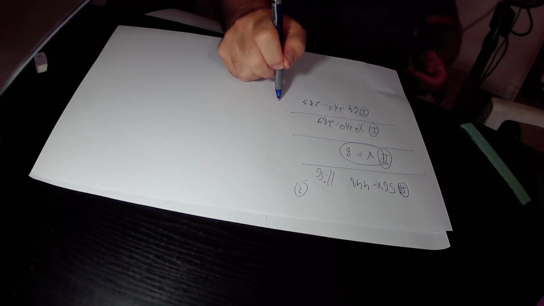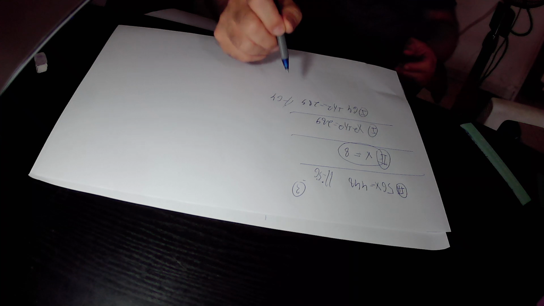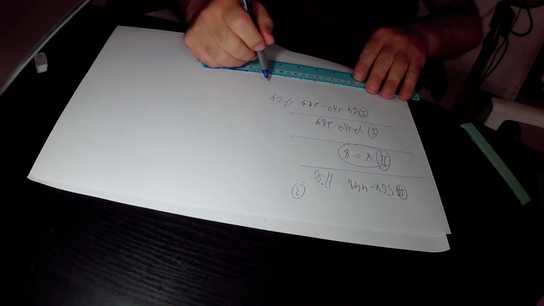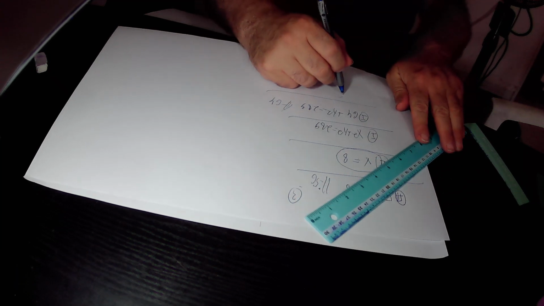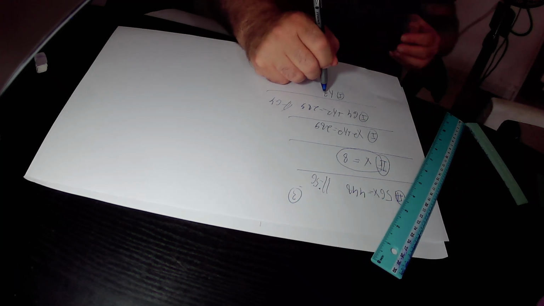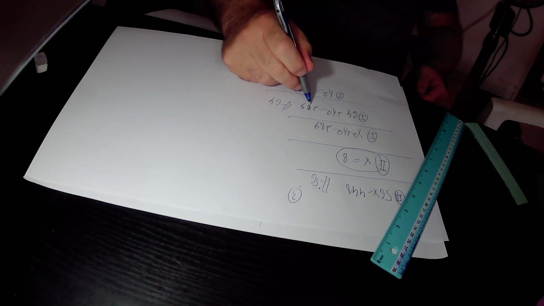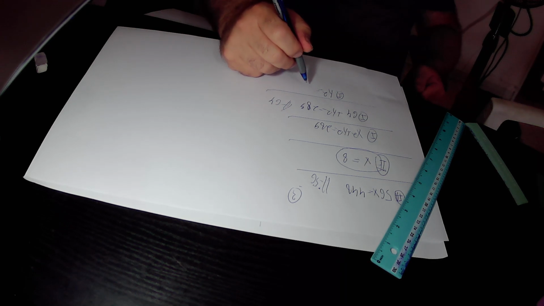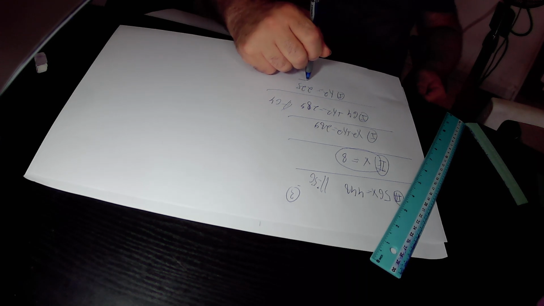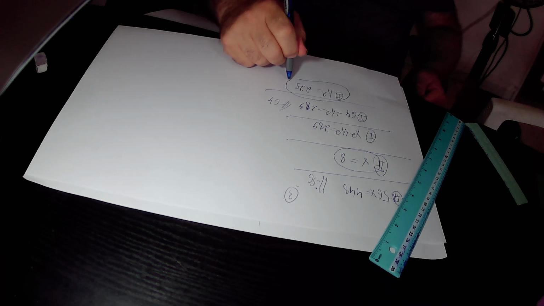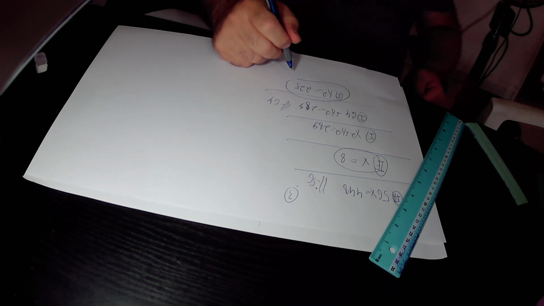Here we subtract 64 and finally get that h squared equals 289 minus 64, which is 225.